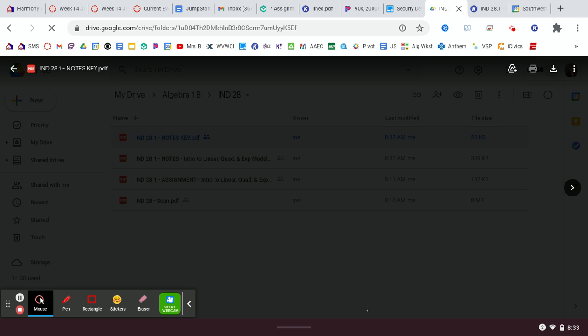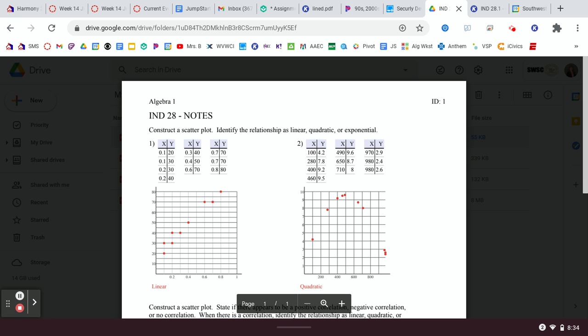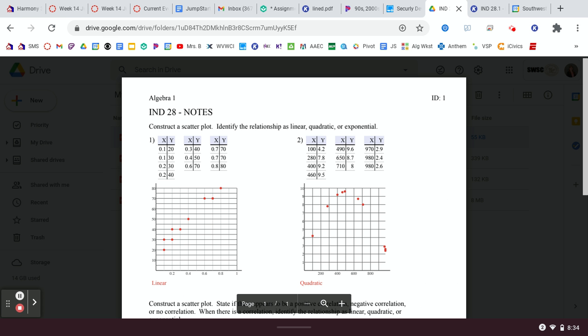So if I were to graph the other two that I had on there, I just want to show you what they look like when you graph all the points. You can see that in that first one, all the points I just graphed look like the ones I graphed.